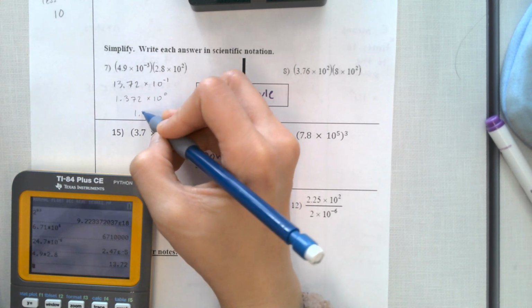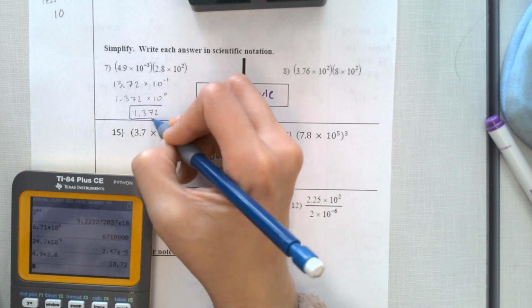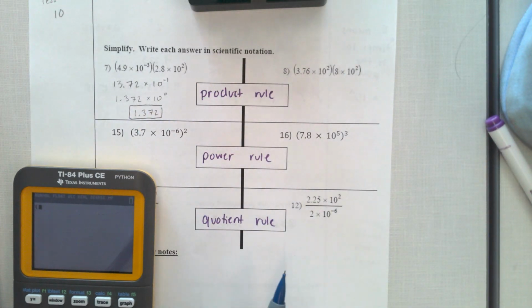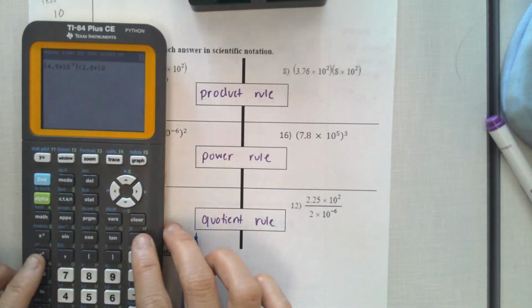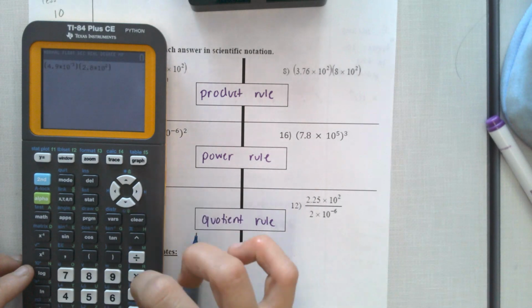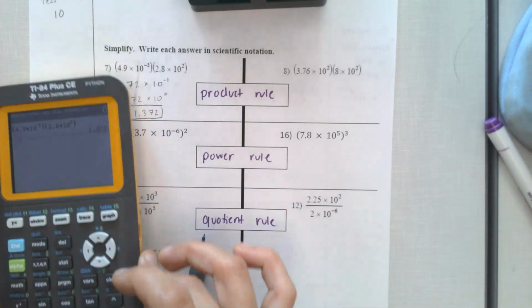So we actually just have 1.372. So we could do it like this, but we could also just do it in our calculator. So we have 4.9 times 10 to the power of negative 3 times 2.8 times 10. And we can do the caret right here to do the power, or we could just directly go to squared, because squared is so common that it has its own button. And it tells us right away, 1.372.